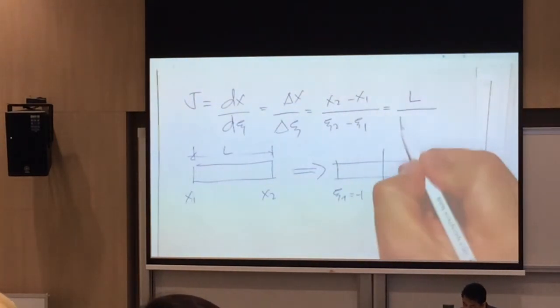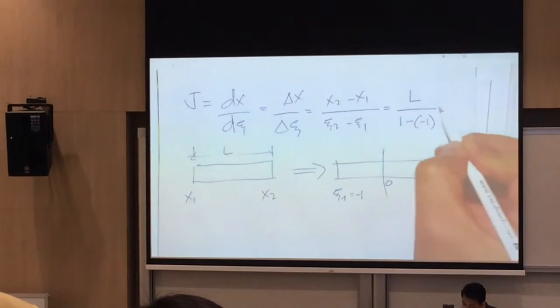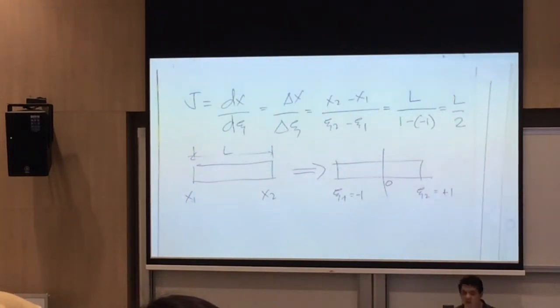C2 minus C1 is 1 minus minus 1. So this one is L all over 2.